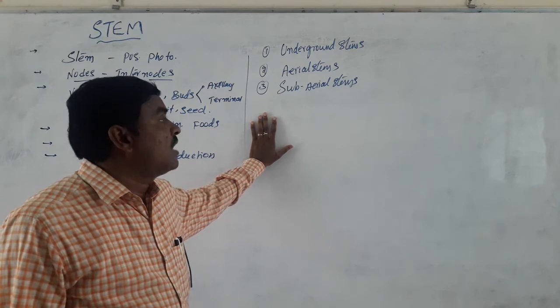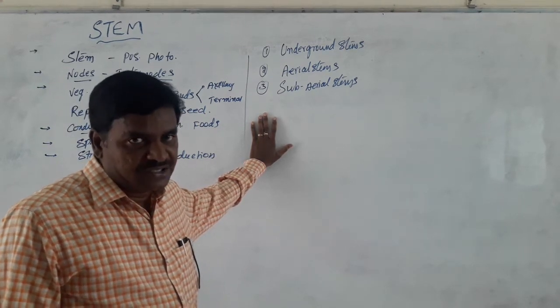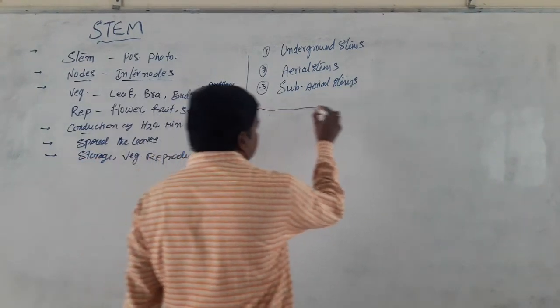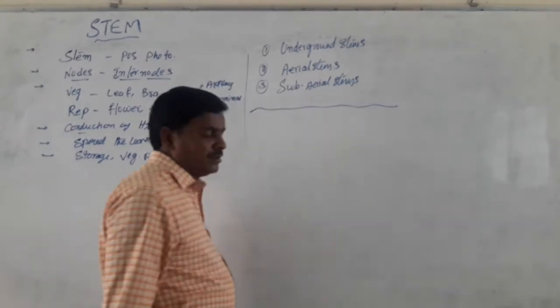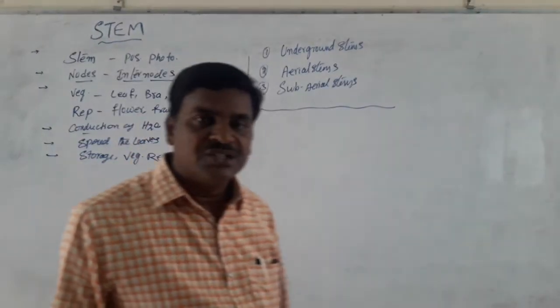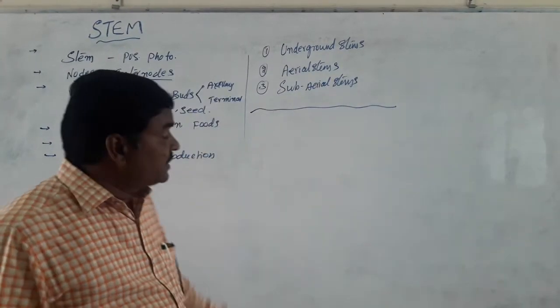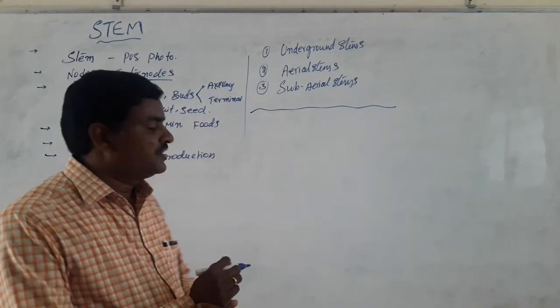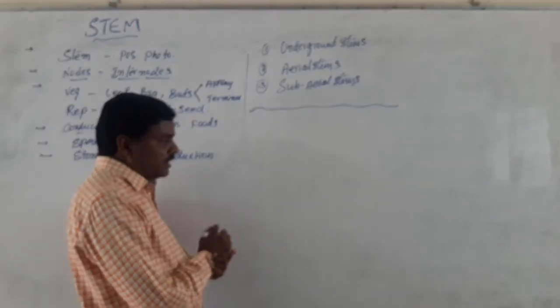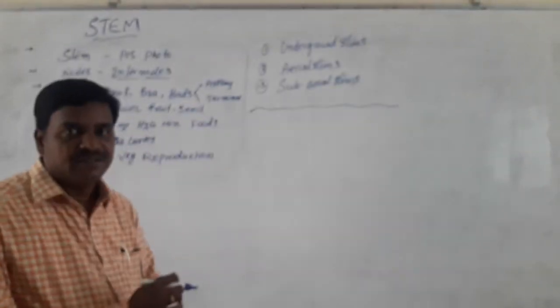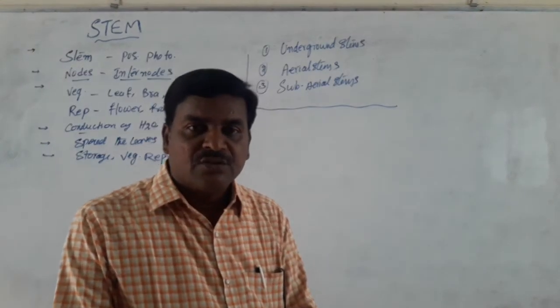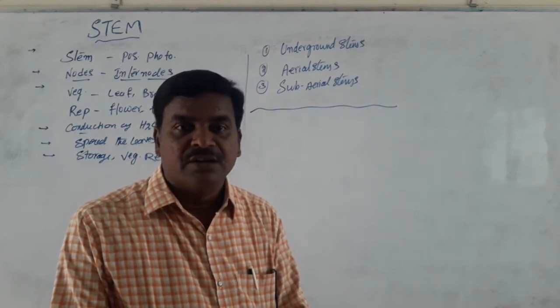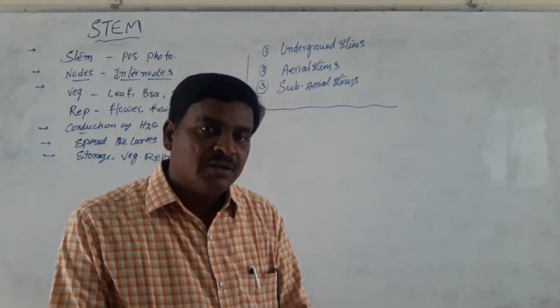First, coming to underground stem modifications. Students, in some members the stem is present internal to the ground. Such stems are called underground stems. These underground stems play a very significant role in plants.